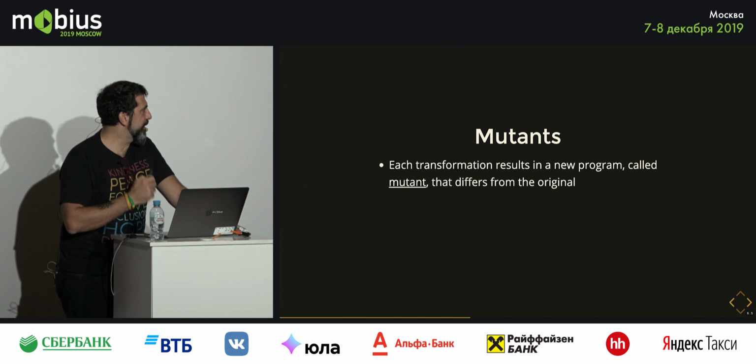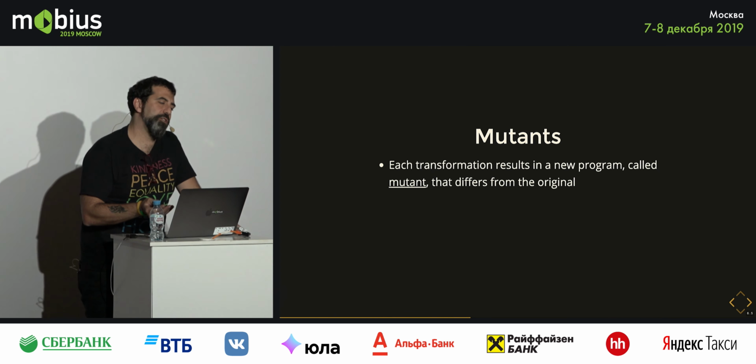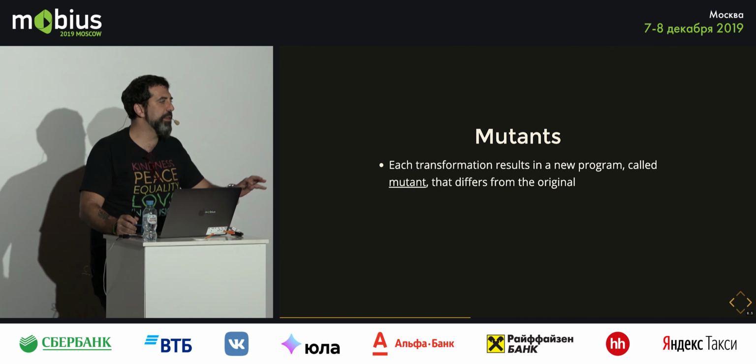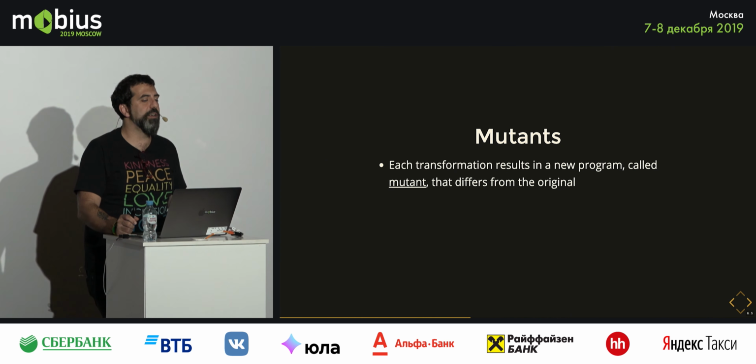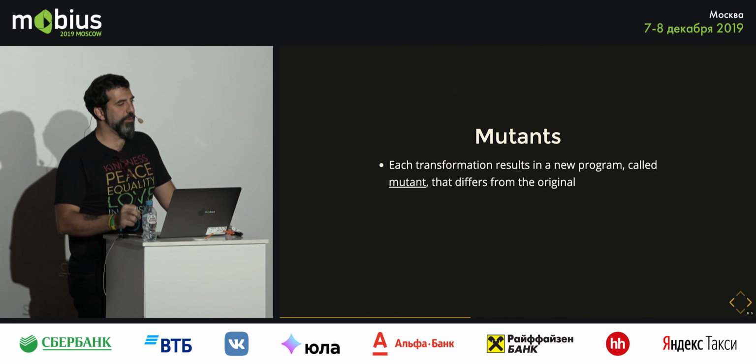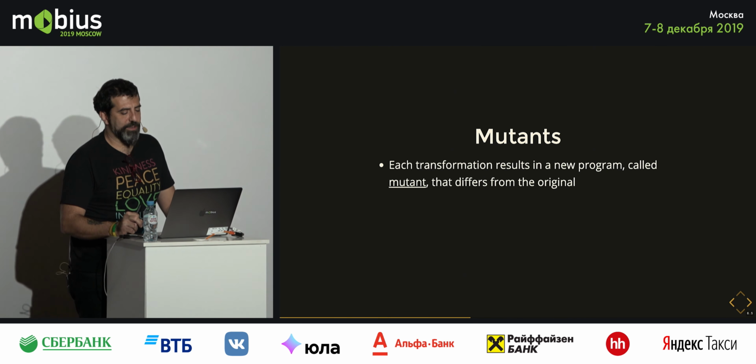A mutant is a transformation that happens to the source code. Basically, every time that the source code is changed by a little tiny bit, you have a mutant. One important thing is that mutation can happen at the source code or at the binary code.